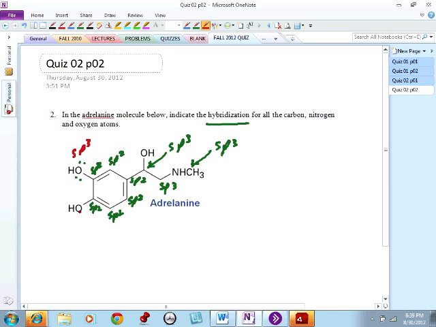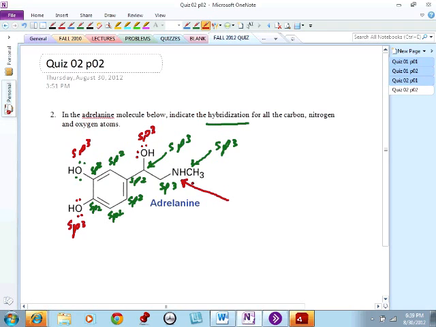About this oxygen, the same thing too. That's sp3 also. About this here, the same thing, sp3. About the nitrogen, just a minute.